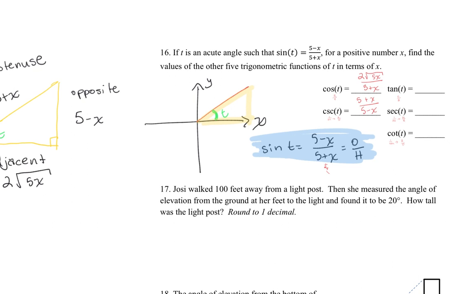Tangent is opposite over adjacent. Our secant is hypotenuse over our adjacent, which is 2 square root 5x, and cotangent is our inverse tangent, so 2 square root 5x over 5 minus x.